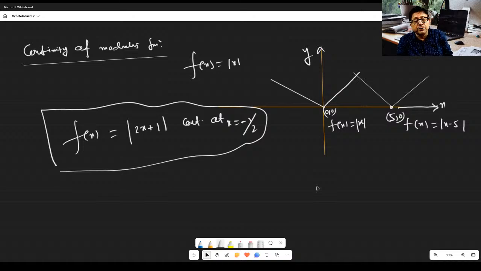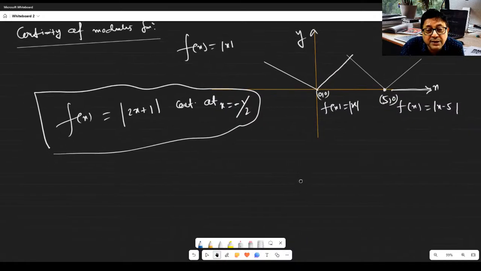Graph plotting you can do. How to plot? This you shift towards left by 2 units, shrinking, expanding, all these things we will do. But this I want to see, you are getting it by the definition of continuity. I mean by analytical method.